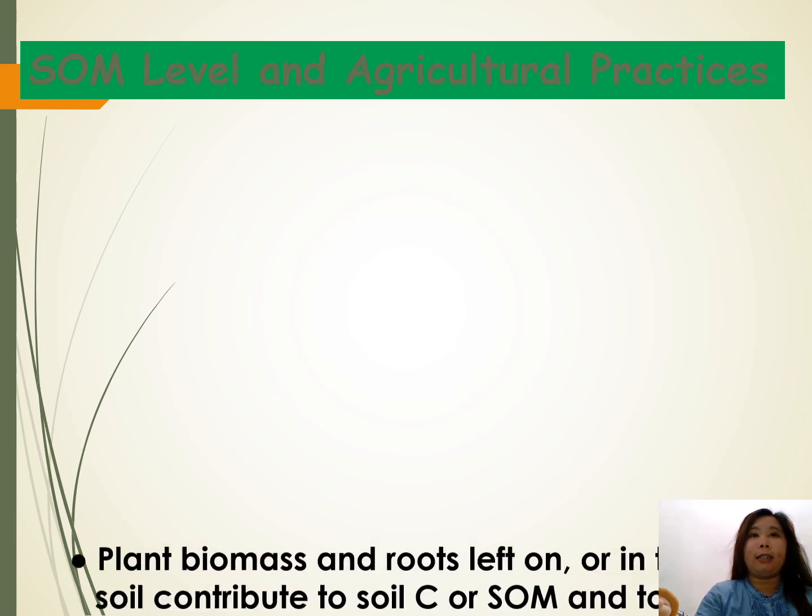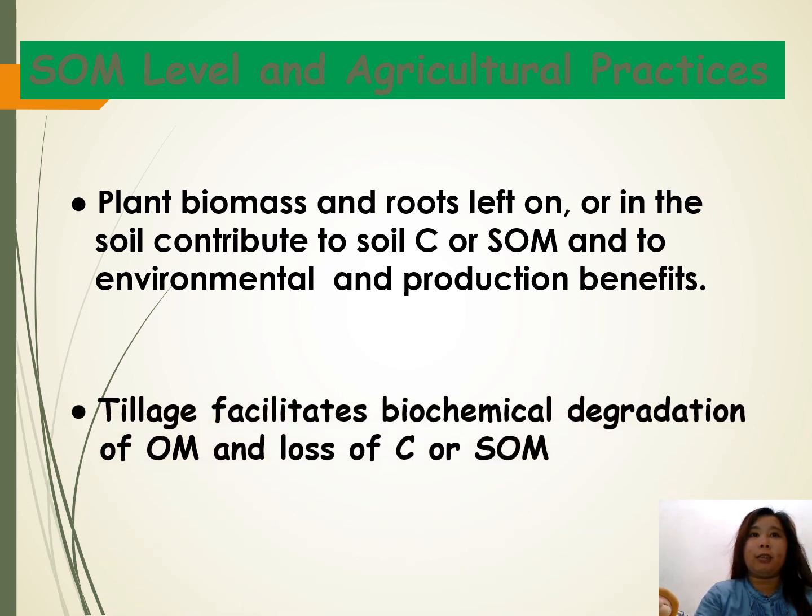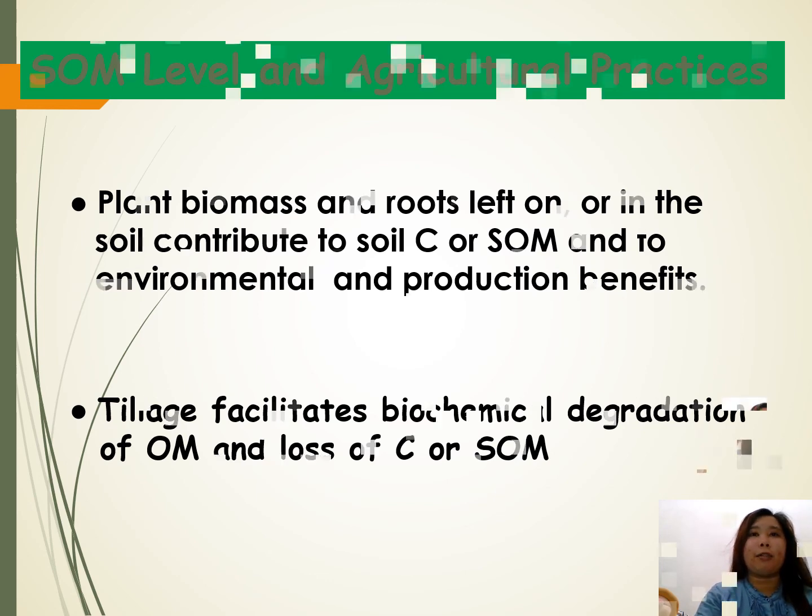Now, let's take a look at the relationship of soil organic matter level and agricultural practices. Plant biomass and roots left on or in the soil contribute to soil carbon or soil organic matter and to environmental and production benefits. Tillage facilitates biochemical degradation of organic matter and loss of carbon or soil organic matter.